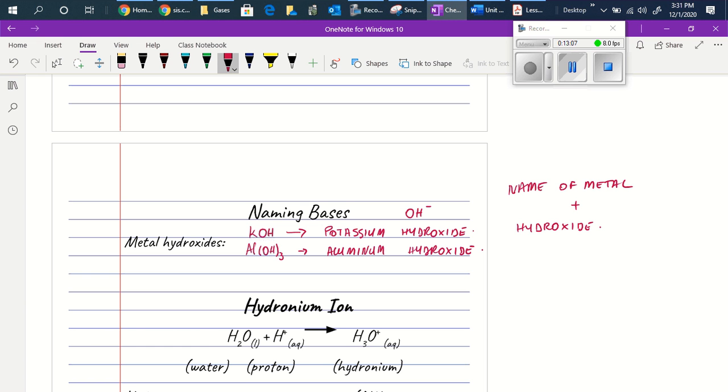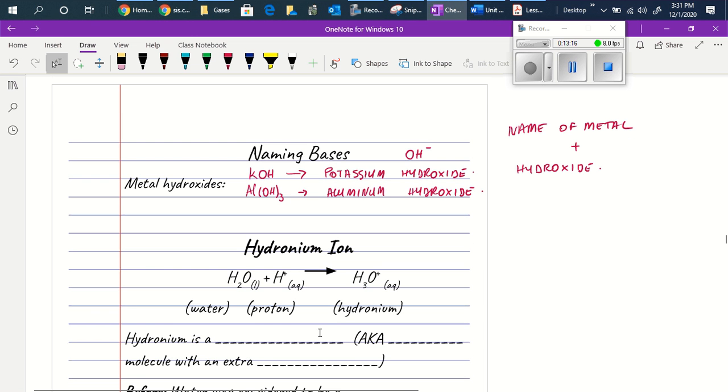Okay, so now we have this H plus in water, which pretty much is a proton.